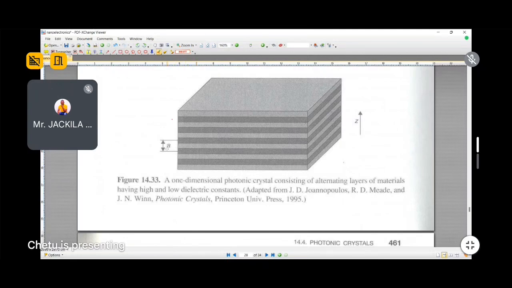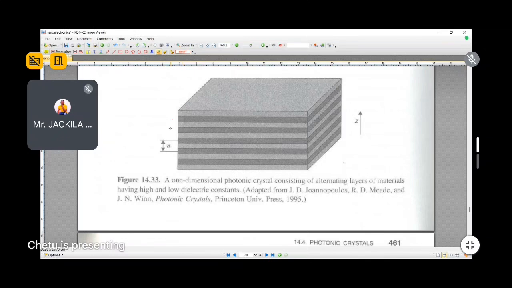And this a is reflecting the lattice parameter of such a system. So this is a one-dimensional photonic crystal consisting of alternate layers of materials having high and low dielectric constant. It is not necessary that this dark one must be air; here you can have an N1, N2, N1, N2, N1, N2 kind of arrangement.